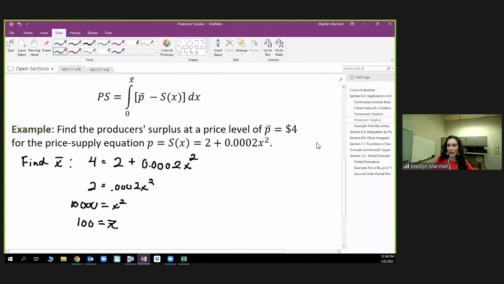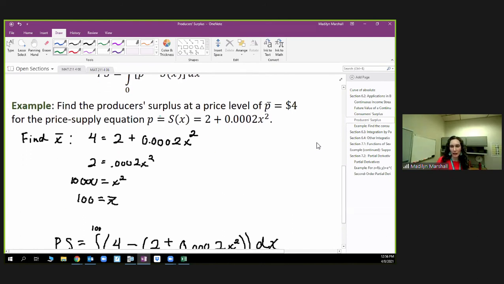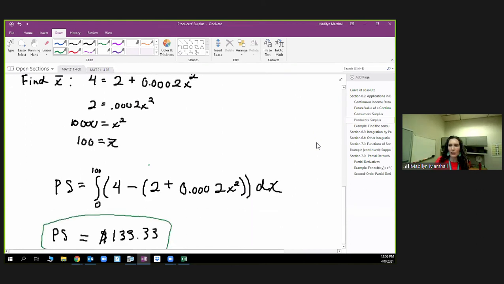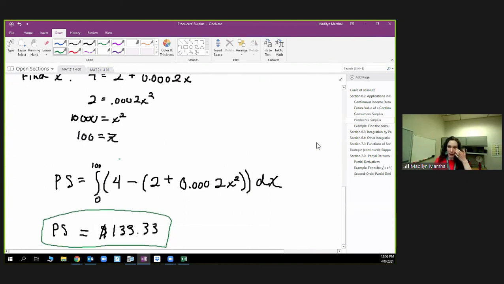We were finding X bar by plugging P bar in and solving. But I know that you know how to solve equations like this. So you can also find X bar from a graph if you want to. What I want to see on these problems is that you set up the integral all correctly and got the right answer.